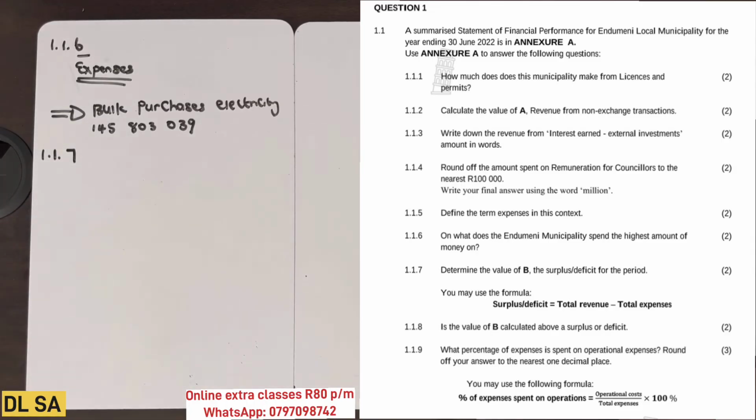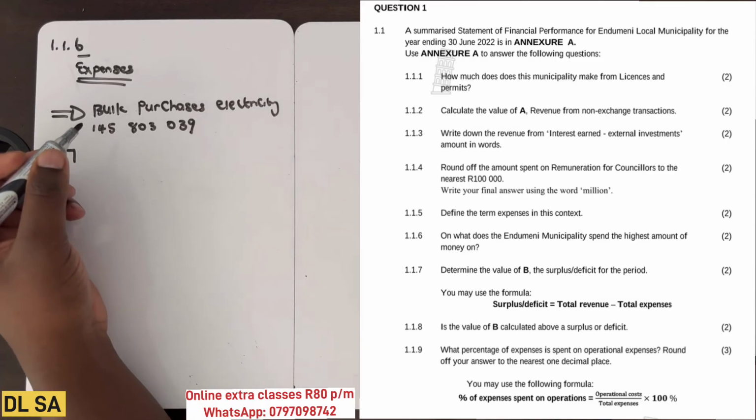1.1.7. The question says, determine the value of B, which is the surplus or deficit for the period. And we are given the formula to do that.